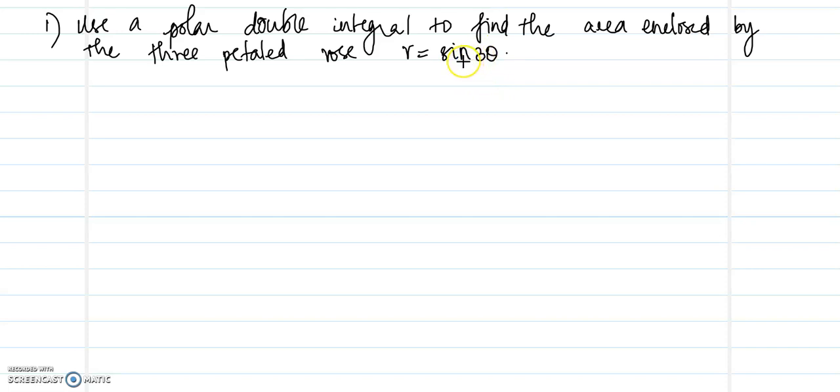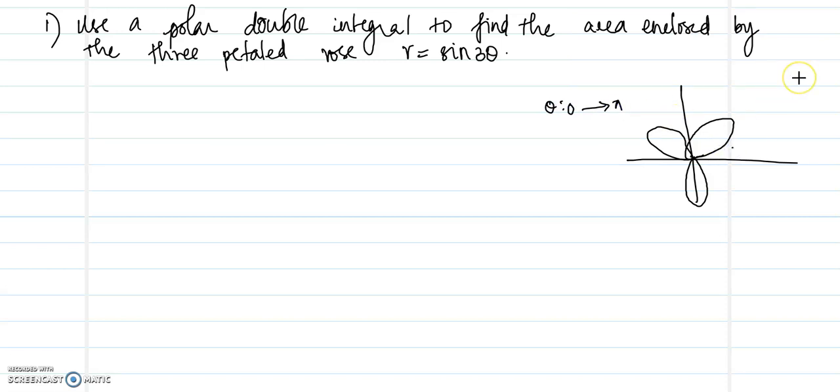If n is odd there will be n petals and theta will vary from 0 to pi. So the 3-petal rose will have this shape. We will have the first petal here, then the second one, and then the third one here. So theta is varying from 0 to pi, and you will have 3 petals.